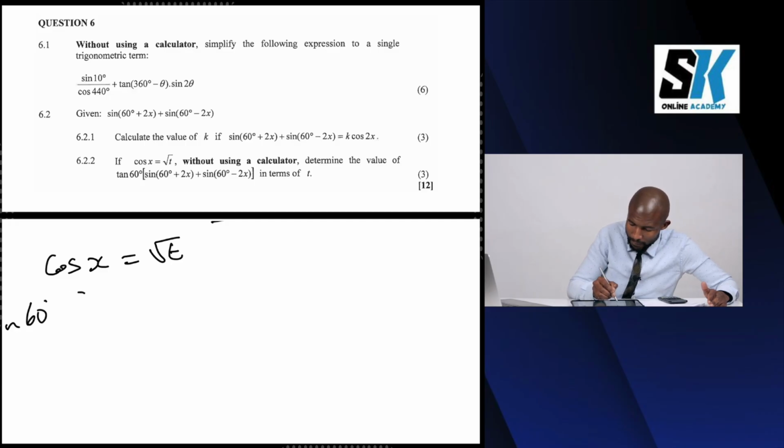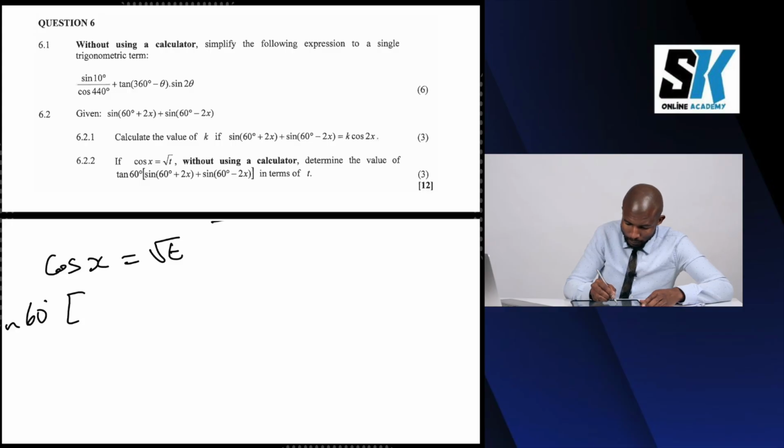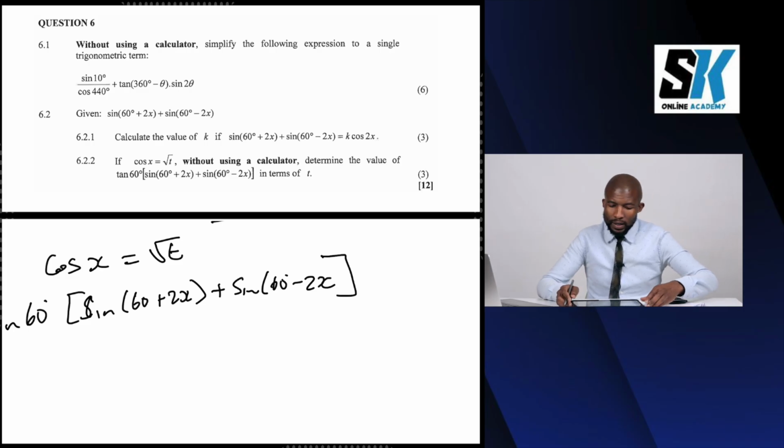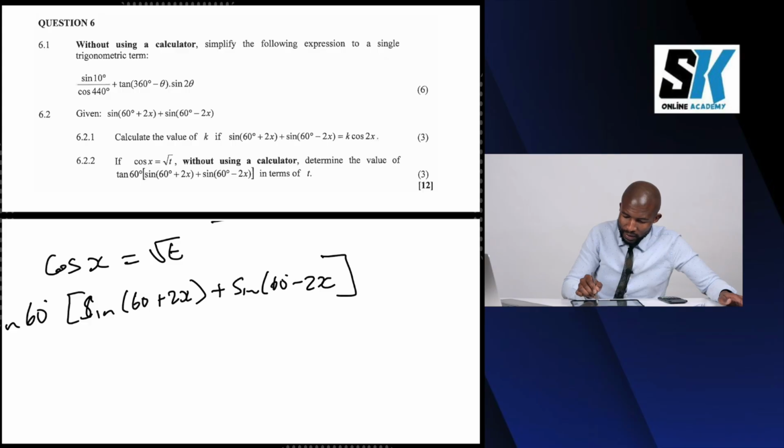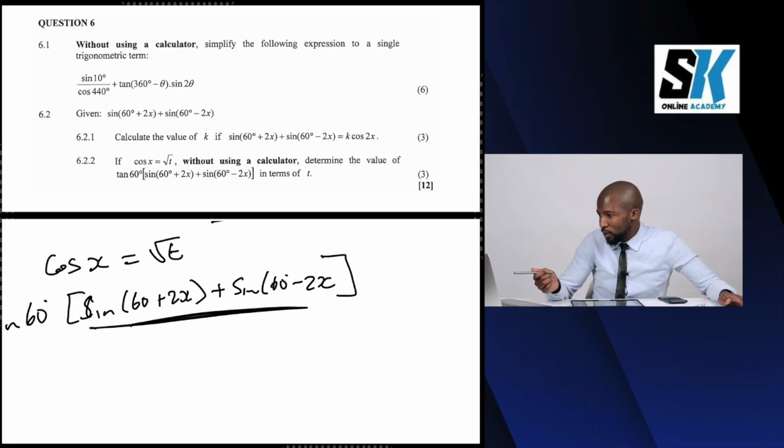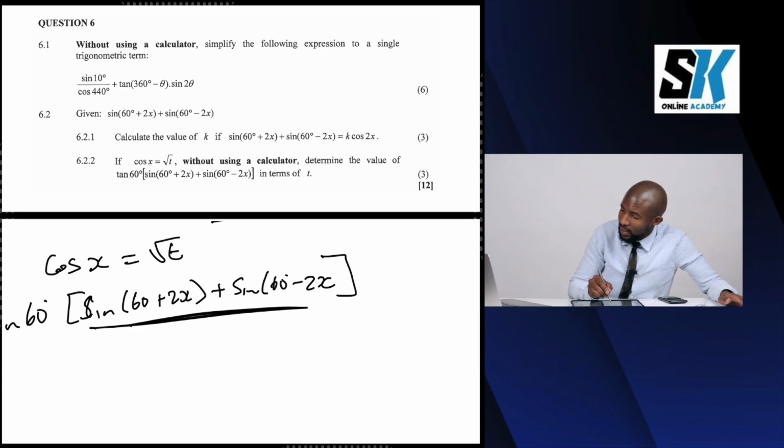So tan 60, and then in the bracket you're going to have sine 60 plus 2x plus sine 60 minus 2x, all that in your bracket. So if you remember, what is this thing equal to? They already gave us that this thing is equal to k times cos 2x.